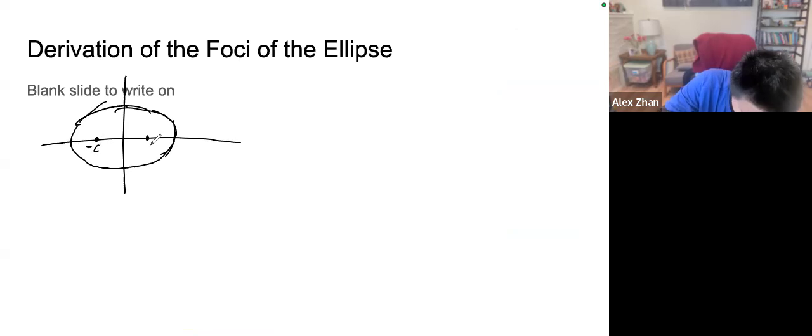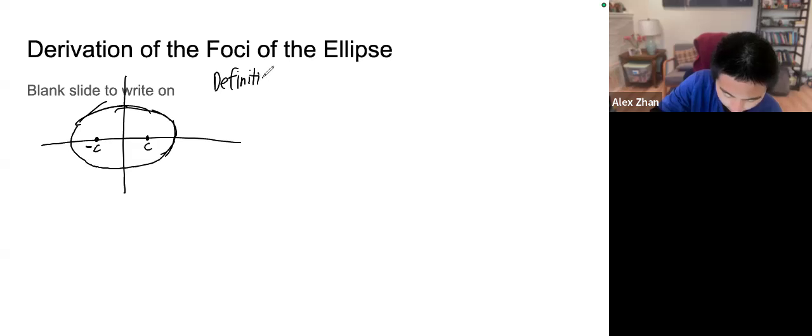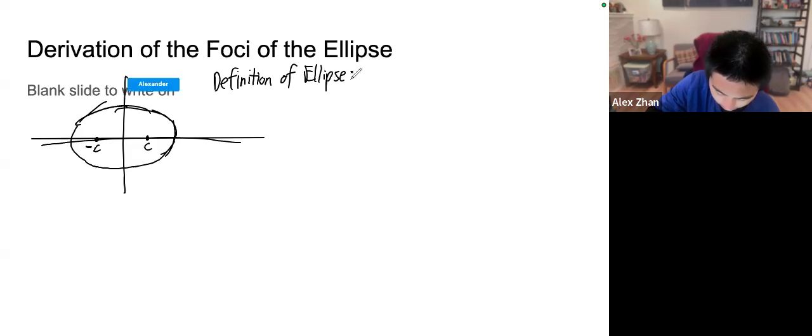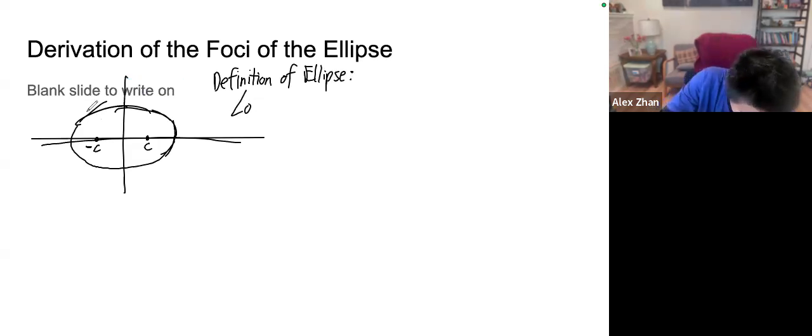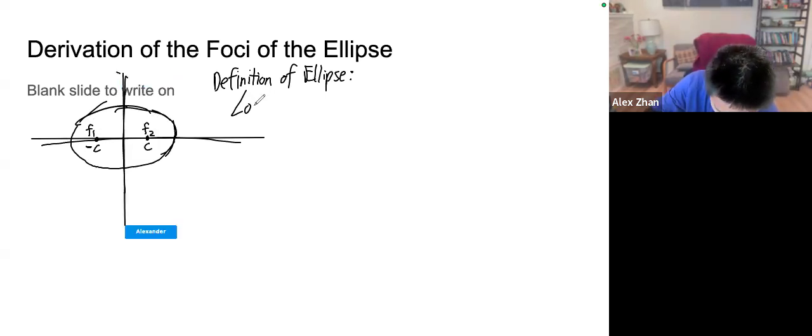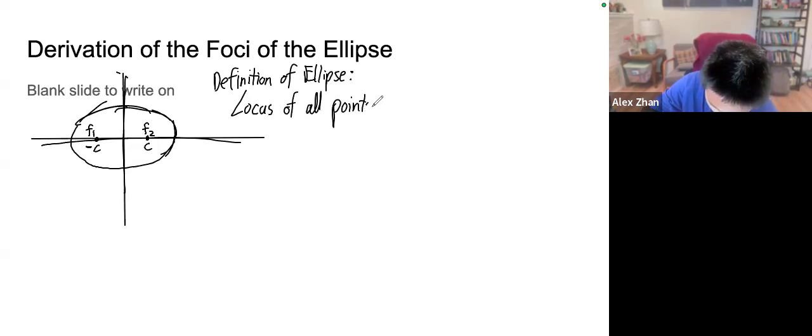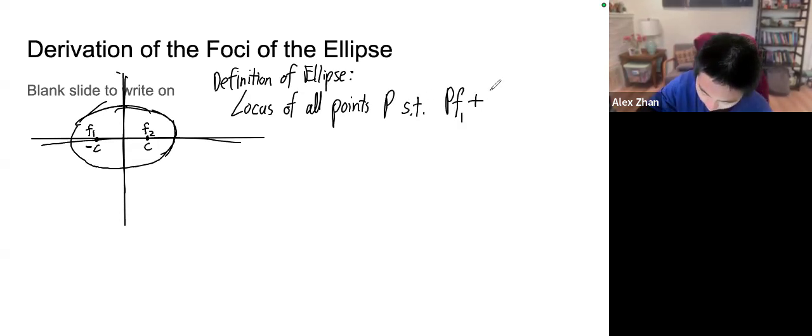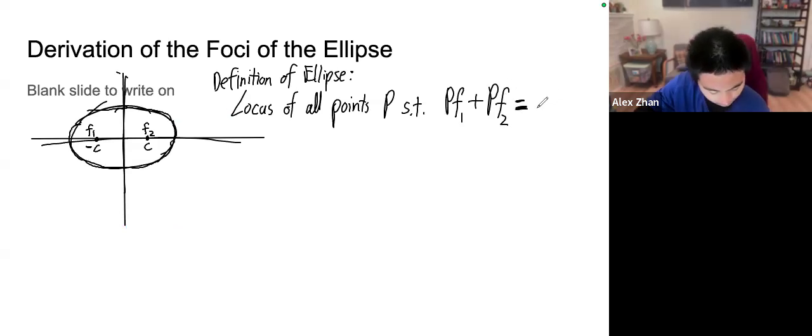Let's say the foci are at negative C and C. Remember the alternative definition of the ellipse: the locus of all points P, where we call the foci F1 and F2, such that the length of PF1 plus the length of PF2 is equal to some fixed constant. Let's call this A.